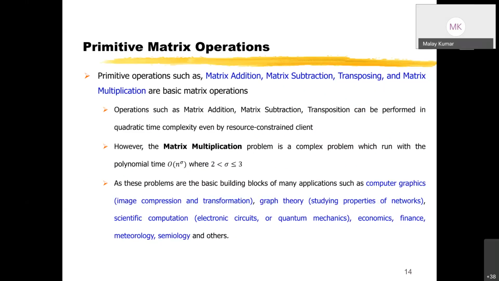The primitive matrix operations are matrix addition, multiplication, subtraction, and transpose. These are the basic operations.